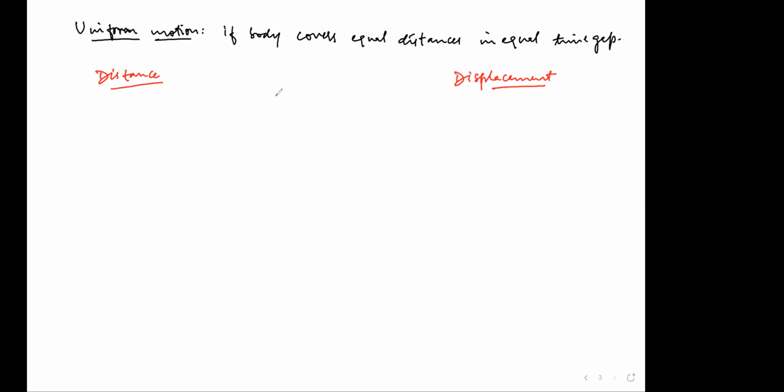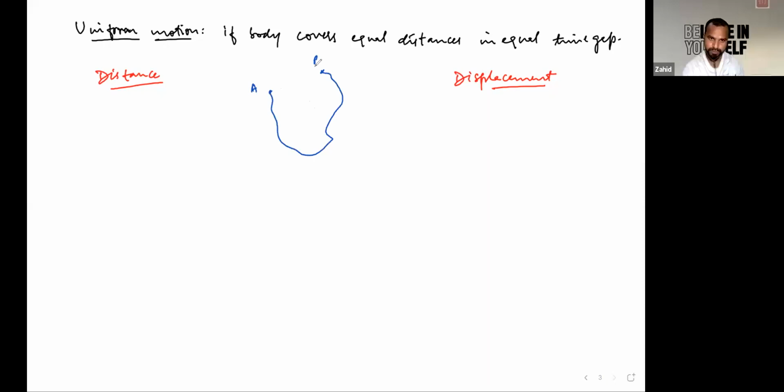Let's say if you draw the path of a particular insect on the surface, it will move like this from this point to this point. Let's say this is A and this is B. So distance is nothing but the actual path covered by the body going from one point to another.